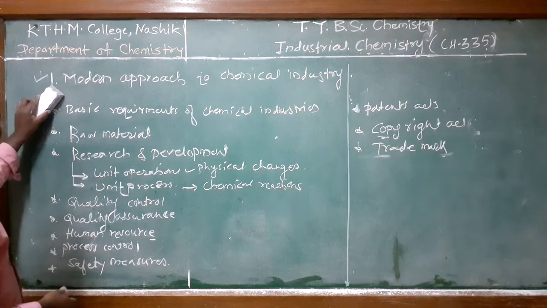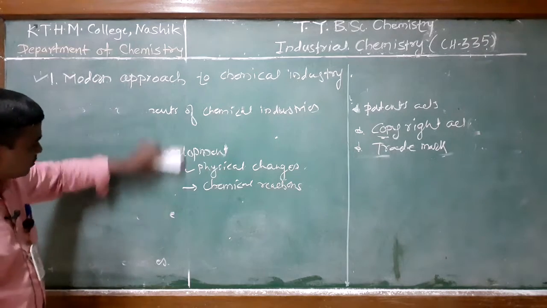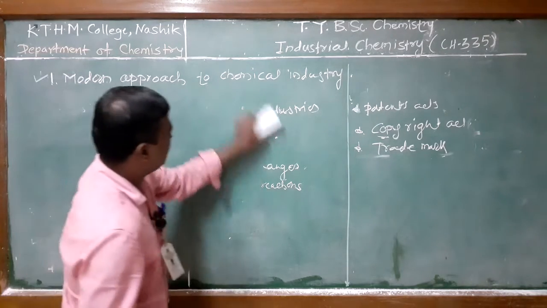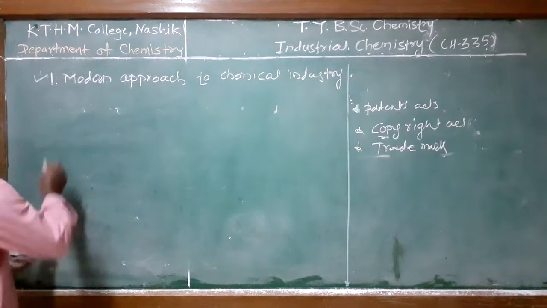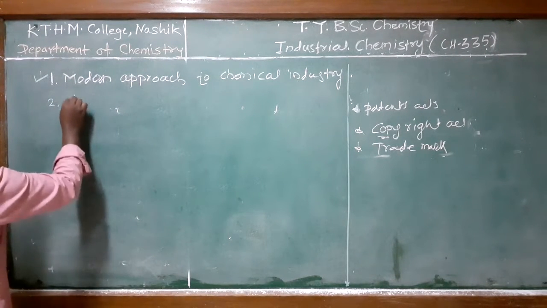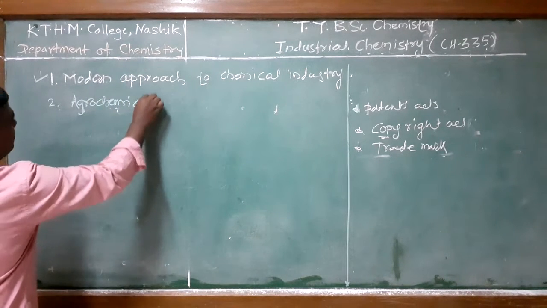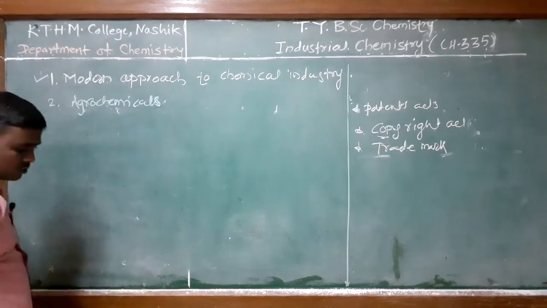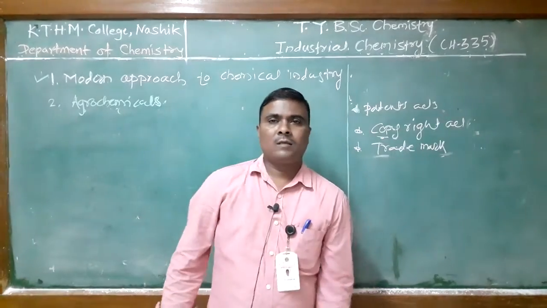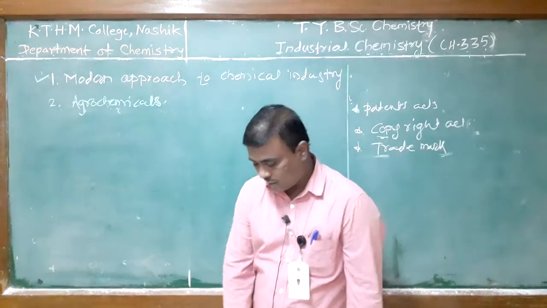The next chapter which we are going to discuss, or the points which we are going to cover, that is next chapter is Agrochemicals. Chemicals which are used in agricultural sector are called agrochemicals.